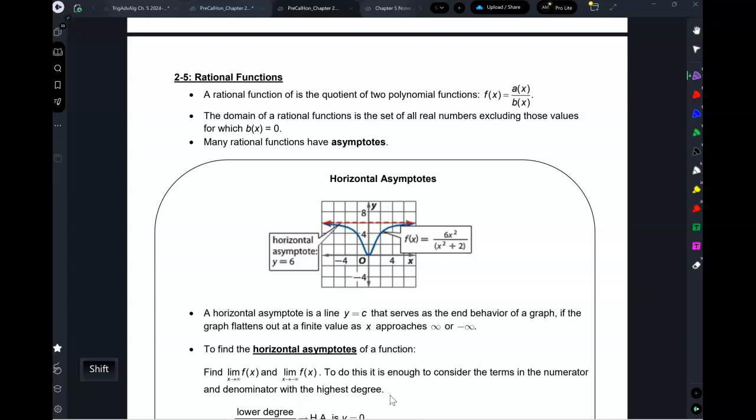Okay, so in this lesson, we're going to go through each of the different types of asymptotes, how to find them, and then how to graph rational functions. So let's start with horizontal asymptotes.